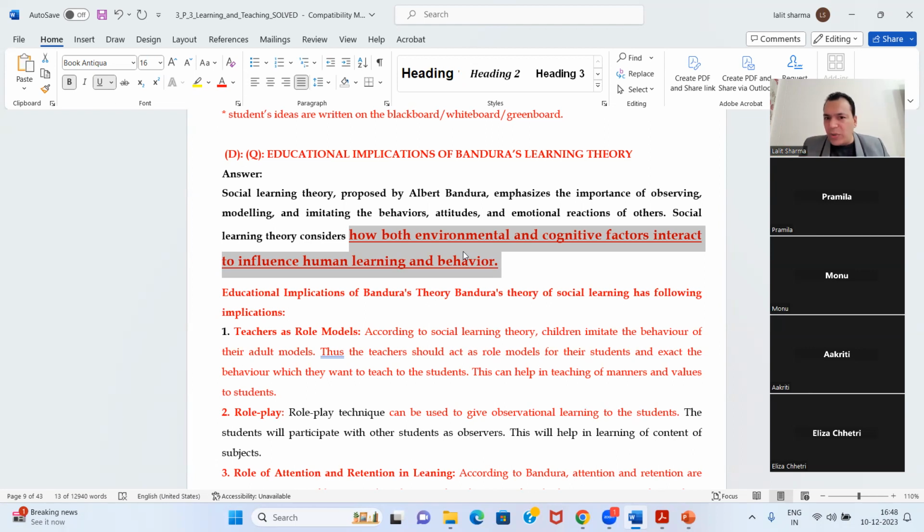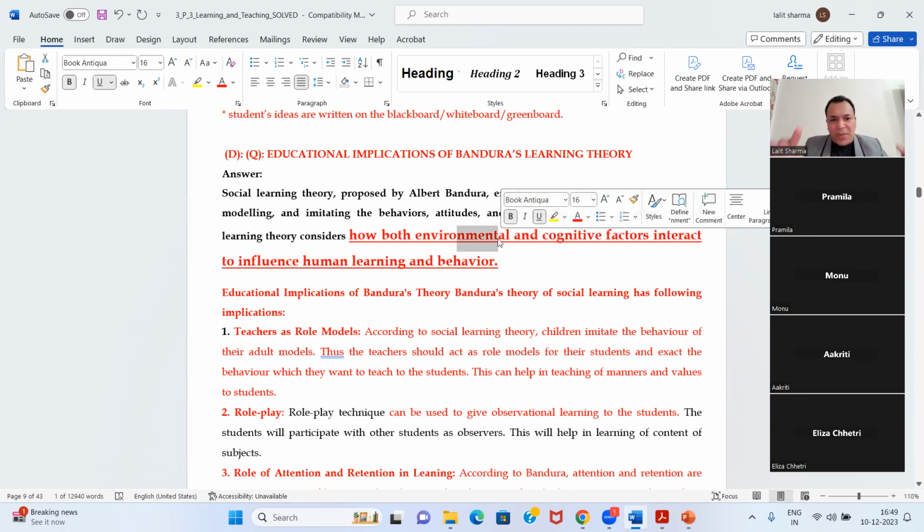So environmental is done, right? Now the cognitive factor is related with your mind, intellect. Cognitive factor is related with your internal schema. It includes the emotions, memories. So it is all about the cognitive factor. Now Bandura wanted to prove that cognitive factors and environmental factors interact to influence human learning and behavior.